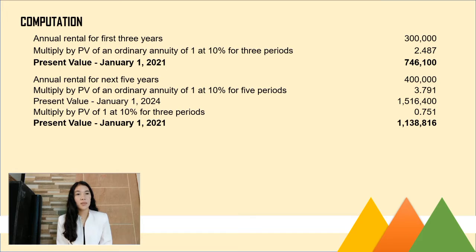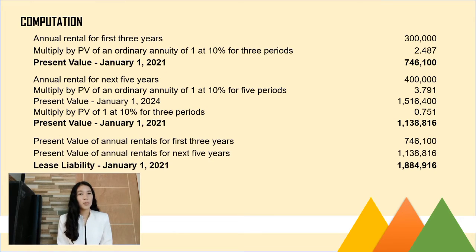So, hindi pa din nag-e-end yung computation natin. Since 2024 yon, kailangan natin bumalik sa 2021. Imumultiply natin siya sa present value of 1 at 10% for 3 periods, which is 0.751. So, the present value na nakuha natin as of January 1, 2021 is 1,138,816.